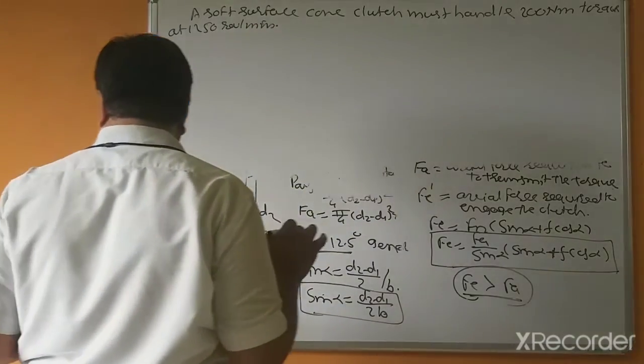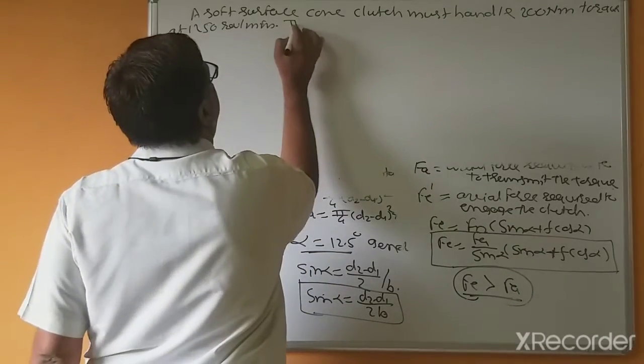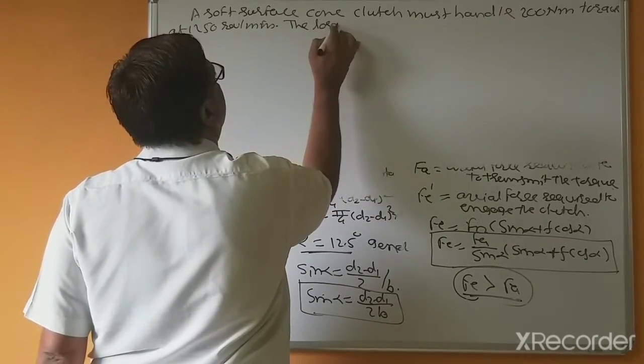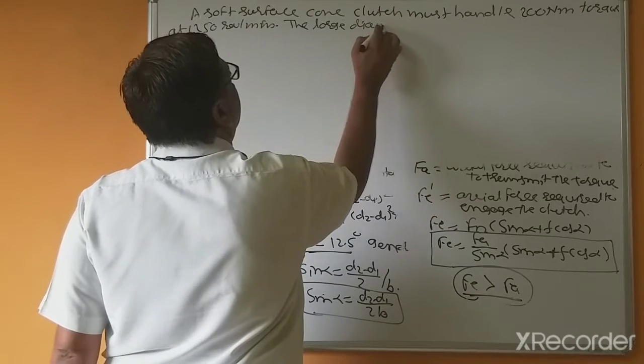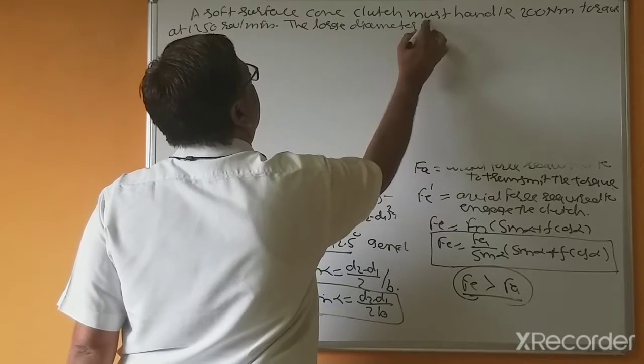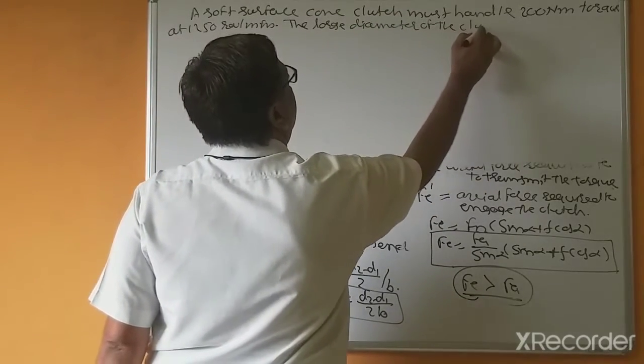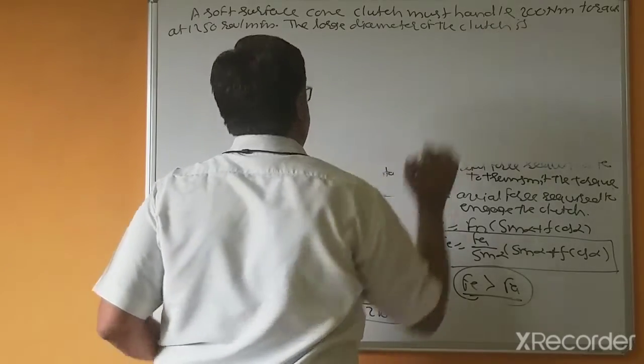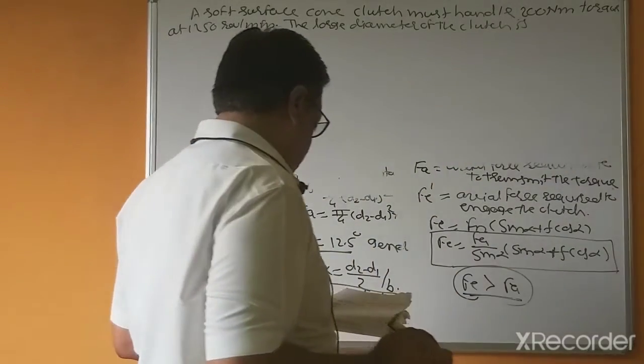The large diameter of the clutch is 350 mm.